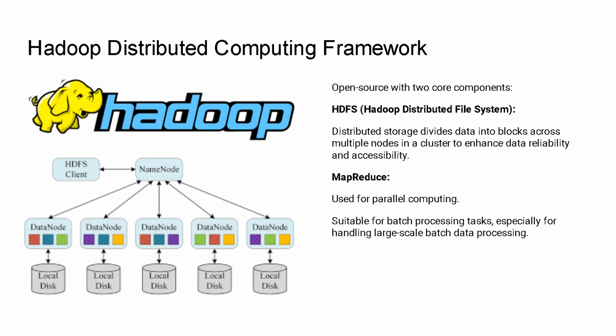It's a distributed storage that divides data into blocks across multiple nodes in a cluster to enhance data reliability and accessibility, as you can see here in the pictures. The second core component is MapReduce, used for parallel computing, suitable for batch processing tasks, especially handling large-scale data processing.